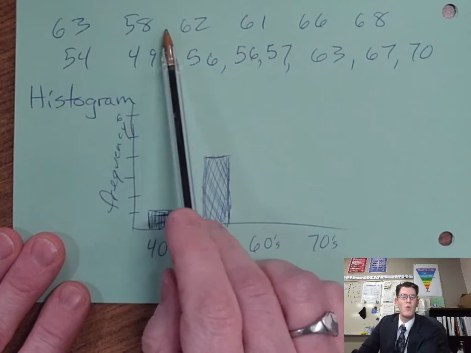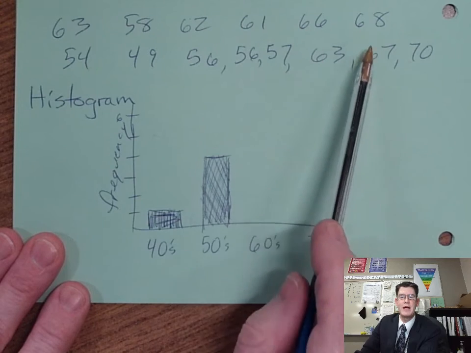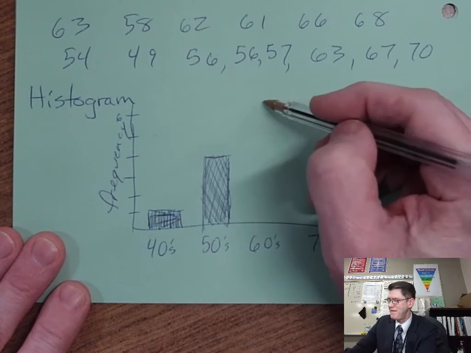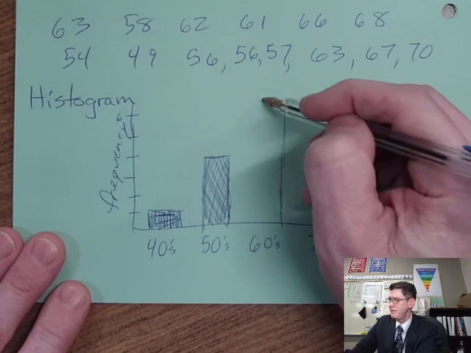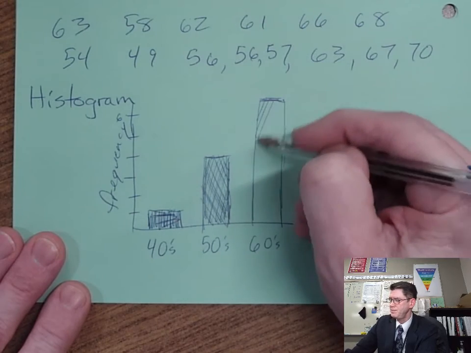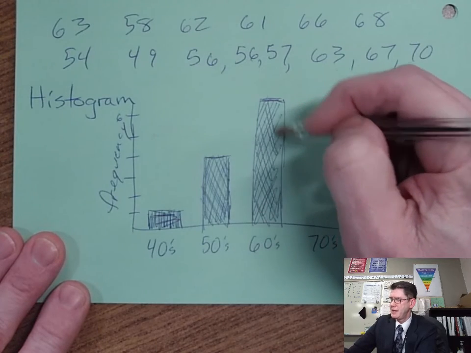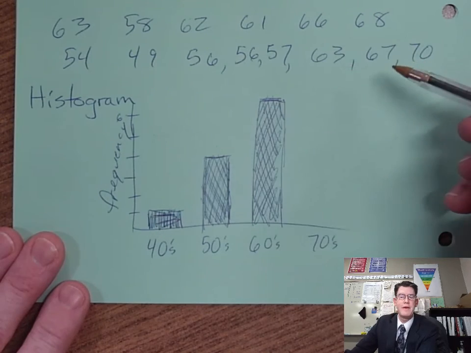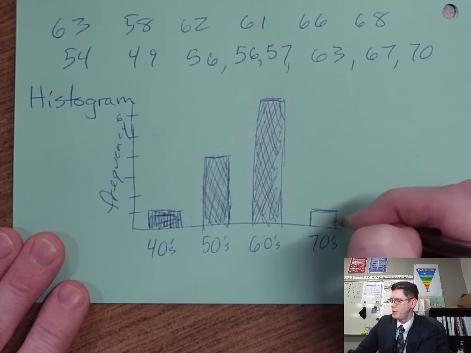In the 60s, we've got 1, 2, 3, 4, 5, 6, 7. There's 7 in the 60s. That's way up here on 7. And then finally, I look and see which ones are in the 70s. Oh, there's only one. So back down to just one person who's almost 6 feet tall.